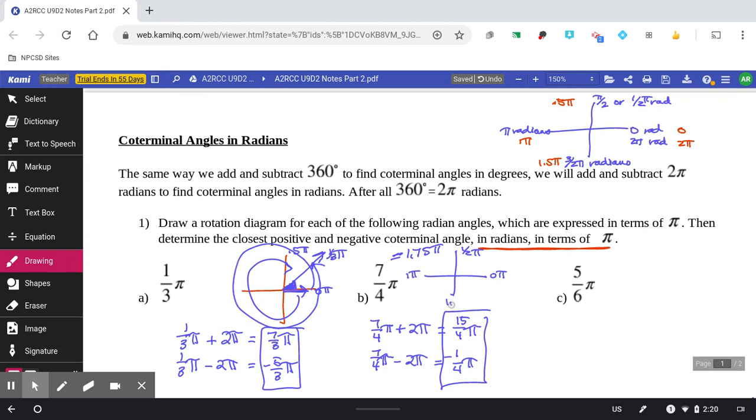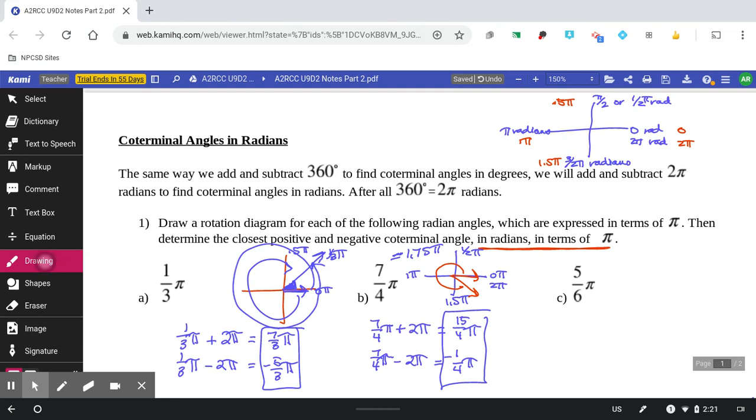And this is 1.5 pi. And then this is 2 pi. So you could see that 1.75 is between 1.5 and 2. Okay, so if I was going to draw my rotational diagram for that, it would go around and it would terminate in the 4th quadrant. Now, if you're good with fractions, you can say, well, 7/4 is just about 8/4, and 8/4 is equal to 2. So it would be in that 4th quadrant.